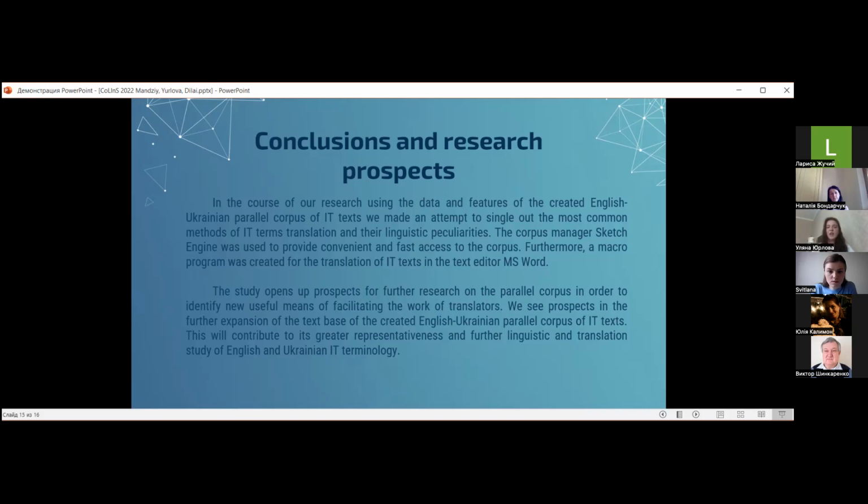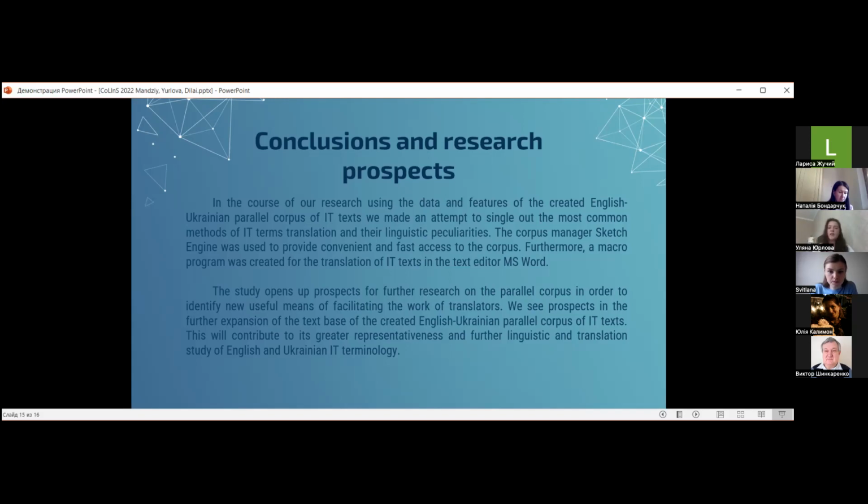The key English IT terms were obtained using the methods of key words and were analyzed in terms of lexical semantic groups they belong to, as well as sources of metaphorization, structural type, and part of speech affiliation.